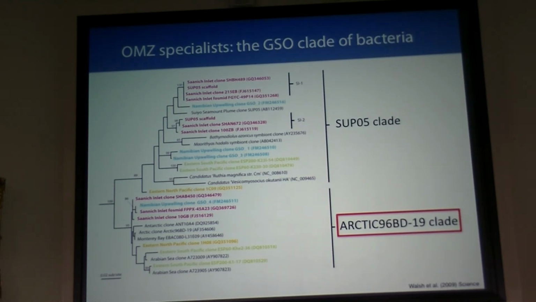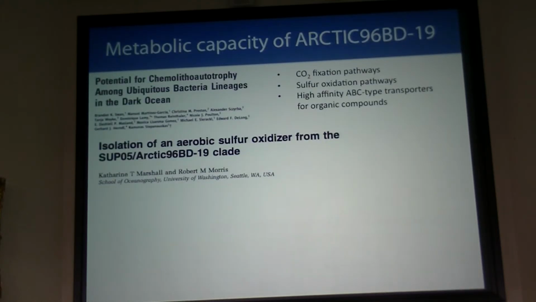So the next question of interest is, okay, so that's fine, these guys are doing sulfur oxidation, but what are these guys doing? We identified proteins there as well. And you just have to back up a little bit and look at what other people have reported in the literature on the metabolic capacity of this group. So this is what people know about sequencing single-cell genomes or sequencing metagenomic data from this organism.